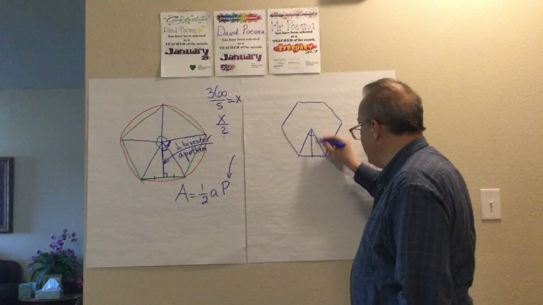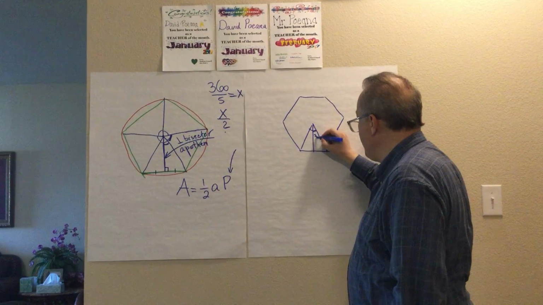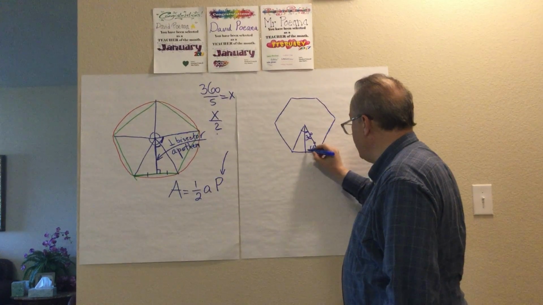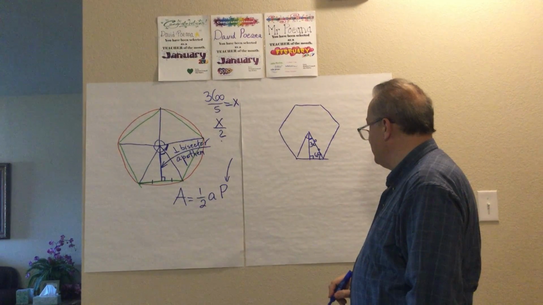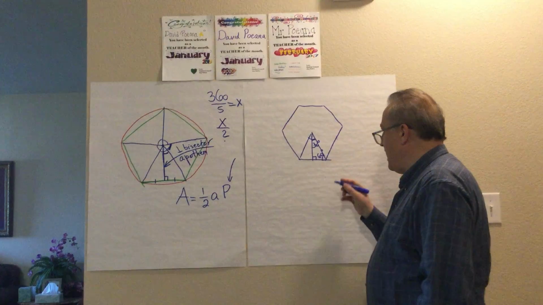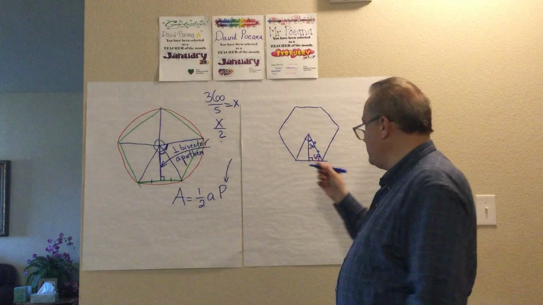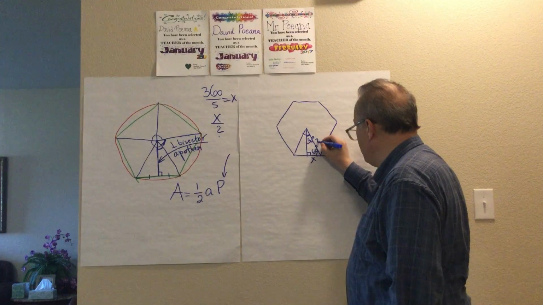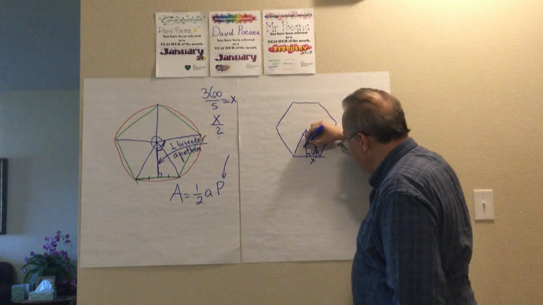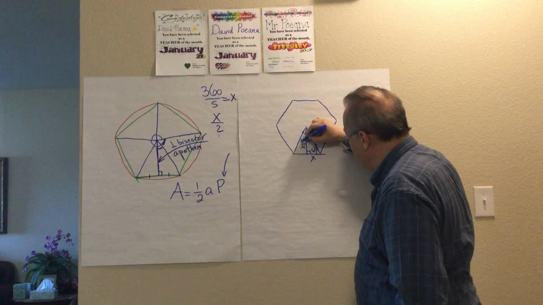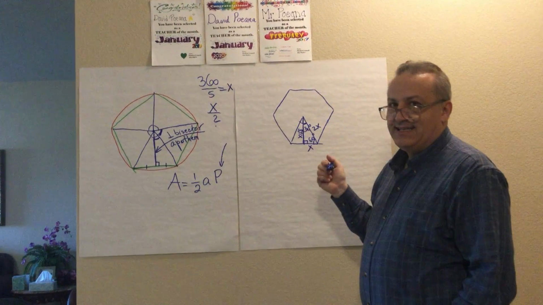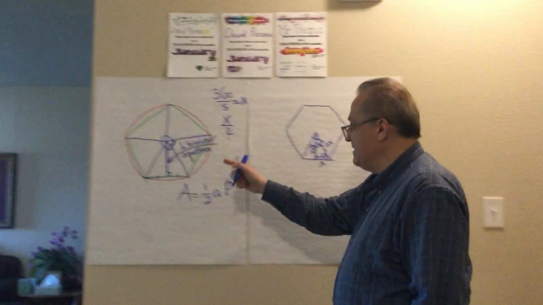I split it in half, I get 30. And then I get here 60. And then here I get 90. Do I remember from last semester that here I got x, 2x, and here x square root of 3? That would make it easier. But not here.